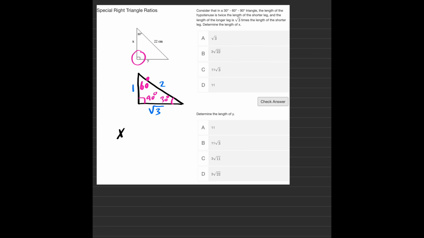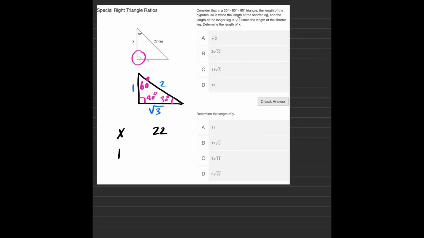Here is the x, which, as you can see, is related to the 22 as the hypotenuse. And then if you connect the two triangles, you can see this side is connected with this side. So x with 1. So here we have the 1.